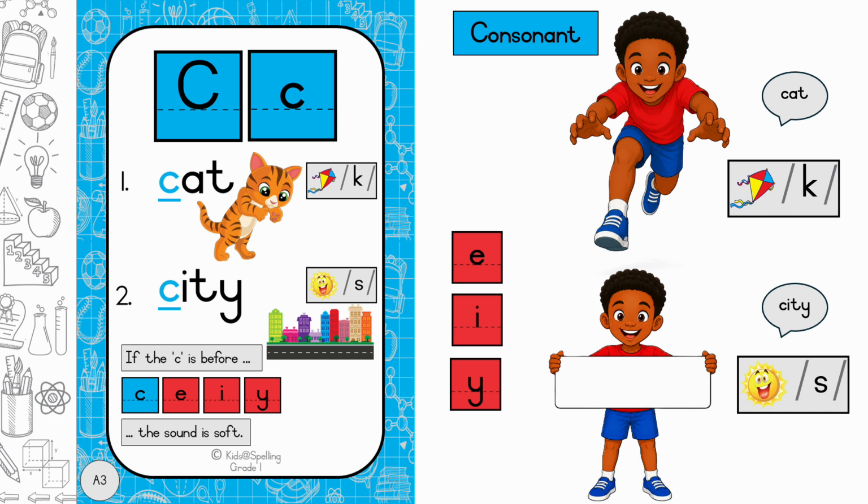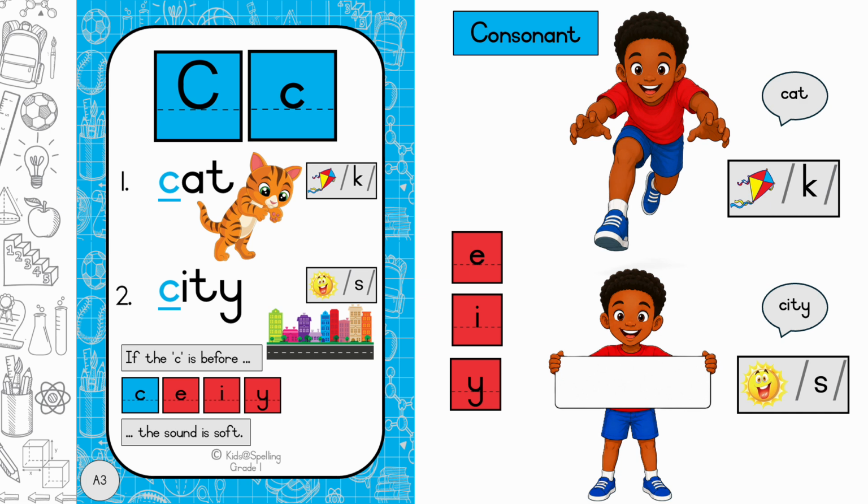Another way of understanding the C is if the letter C is in a word and it's followed by any other letter than E, I, Y, the sound will stick to the first K sound.